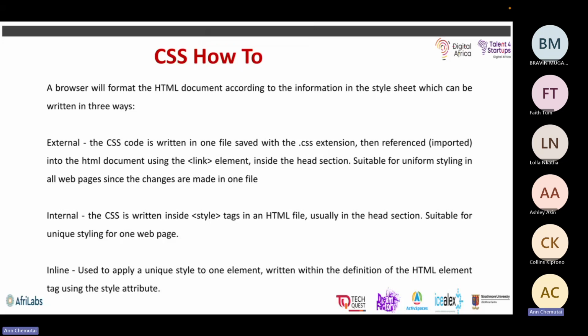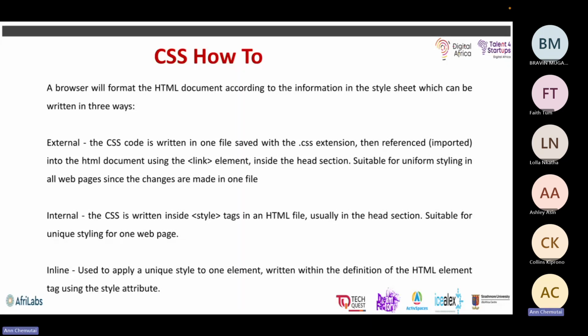When I tell you to go online and do your own research, you might find different ways of how things are done. So let me just explain how CSS works or how you can access it on your web page.